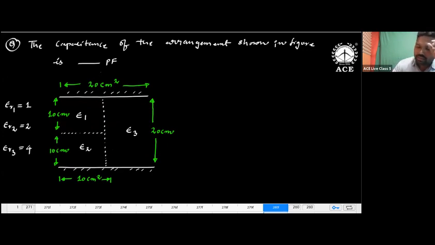So what you can do, let us use some terminals here. Here it is A. Here it is B. How can this equivalent model be written? Like this. C1 is in series with C2, beta.